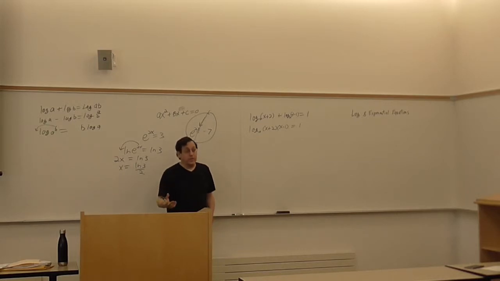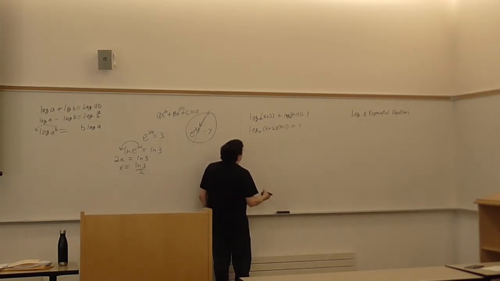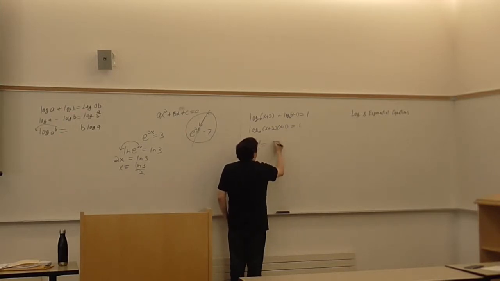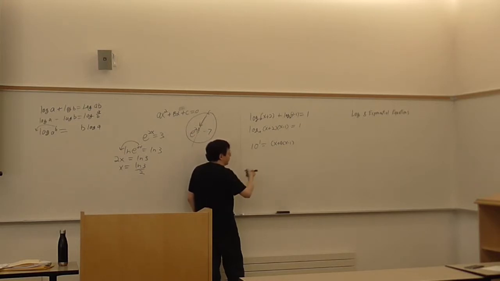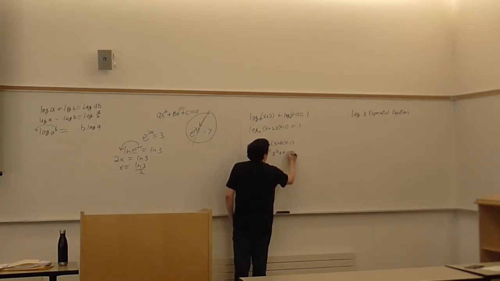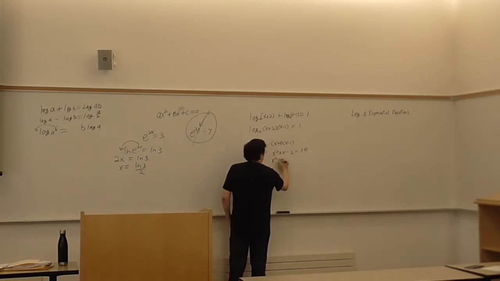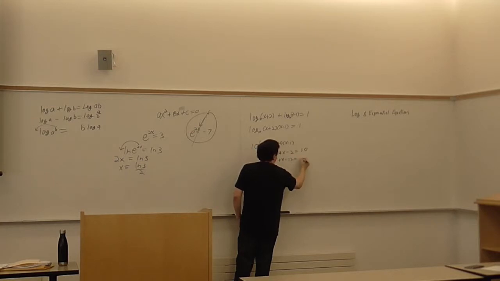Now, once again, I want to write this as an exponential equation. So my base is 10, my exponent is 1, and here's my result. Okay, we have to do a little work here. x squared plus x, 2x minus x plus x minus 2 equals 10, or x squared plus x minus 12 equals 0.